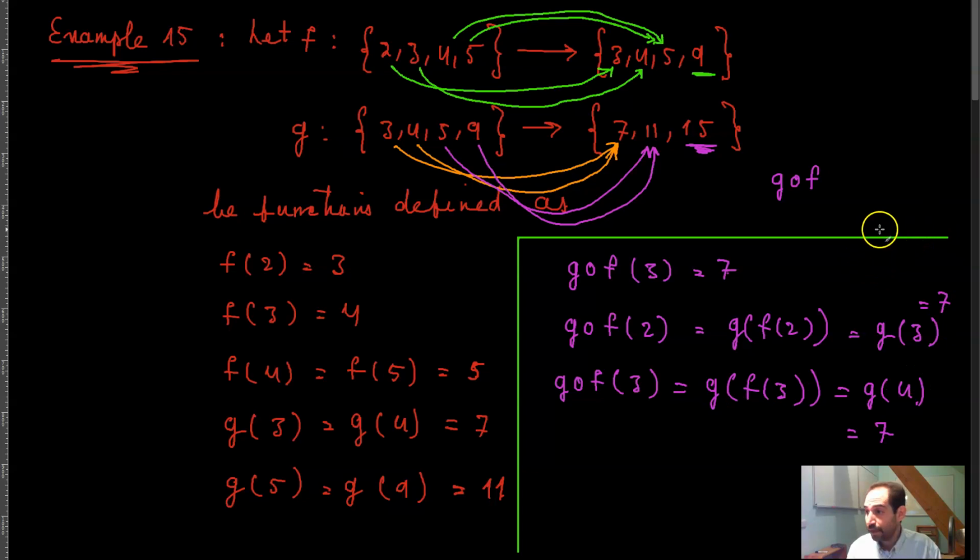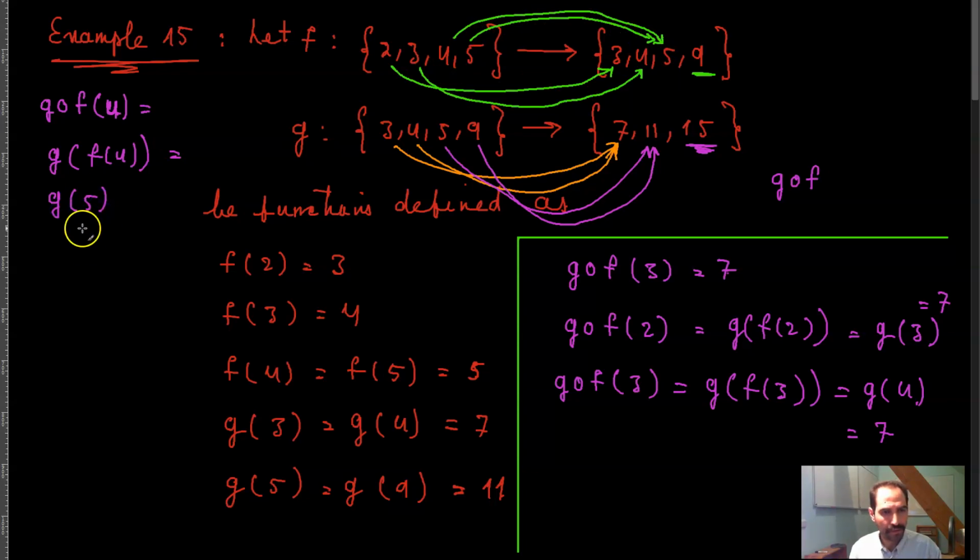Now the next thing that we have is 4 and 5. So you want to calculate g∘f of 4 and g∘f of 5. So g∘f of 4 is the same thing as g of f of 4. And you know that f of 4 is actually equal to 5, so that is g of 5, which is equal to 11.